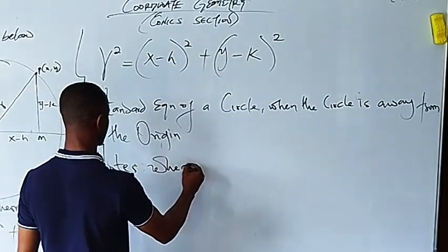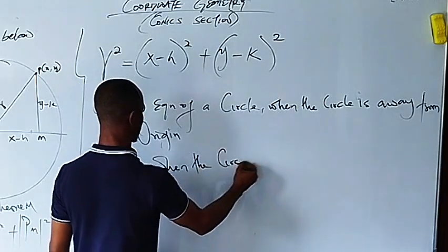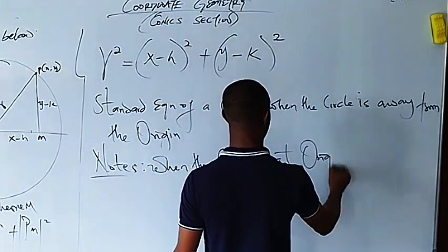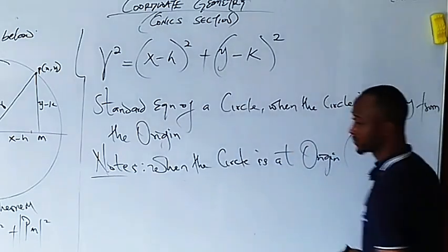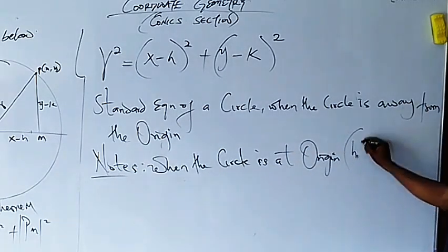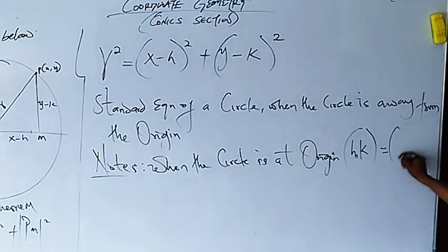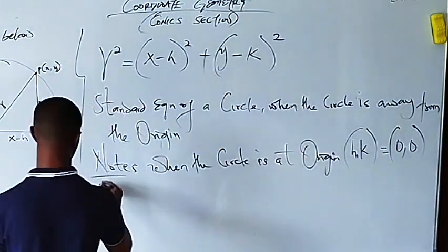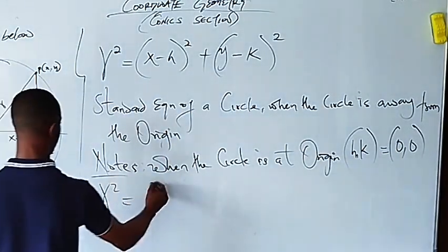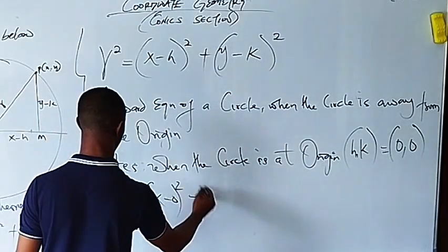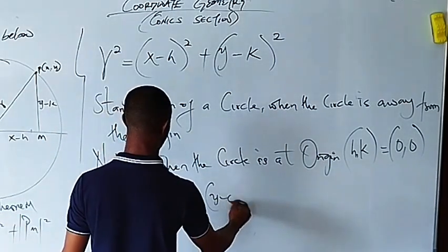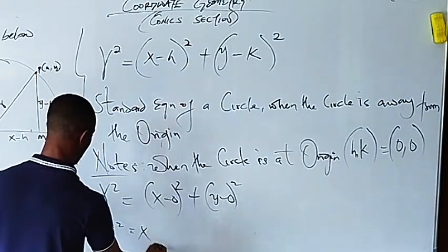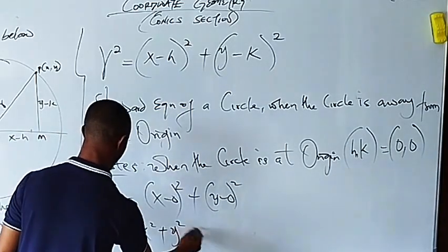Note, when the circle is at the origin, h, k equals 0, 0. So here becomes, R squared equals X minus 0 squared plus Y minus 0 squared. So R squared equals X squared plus Y squared.